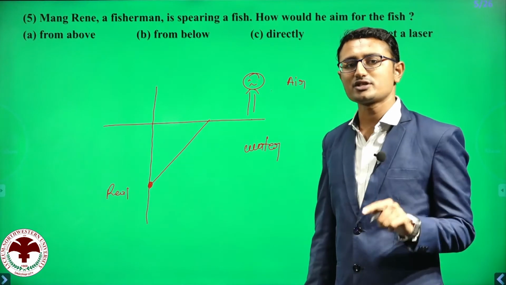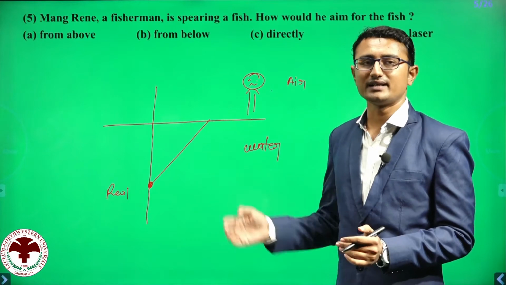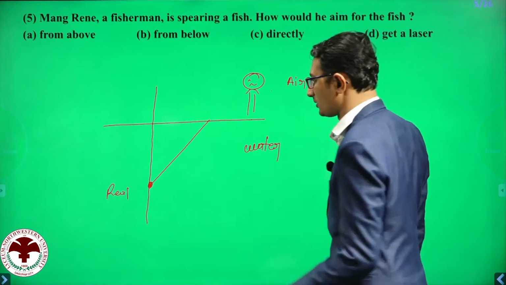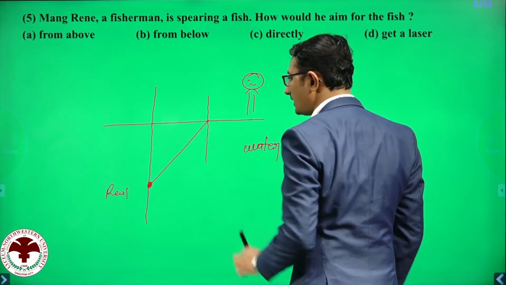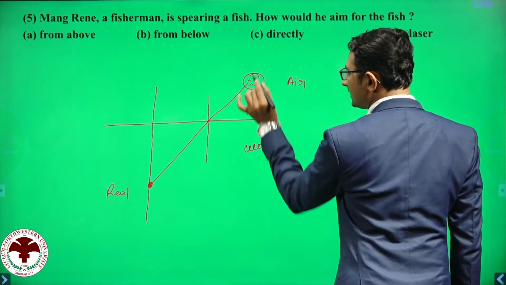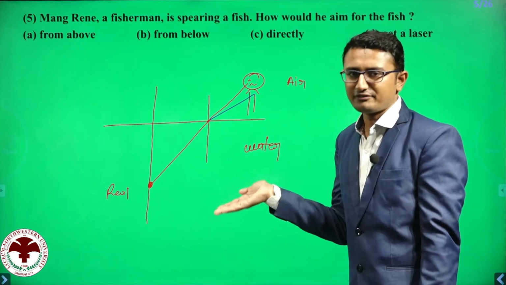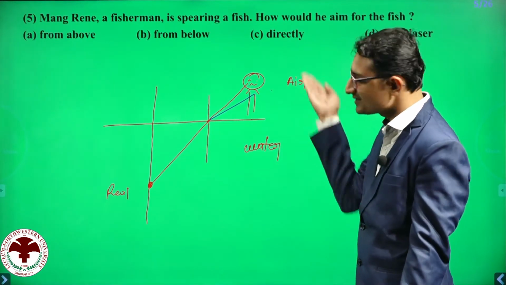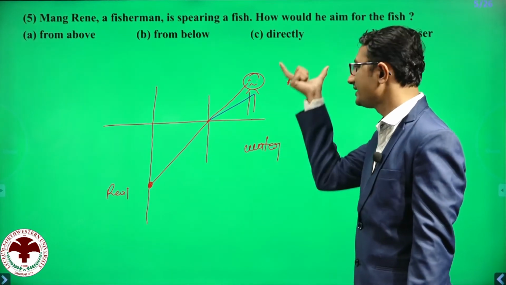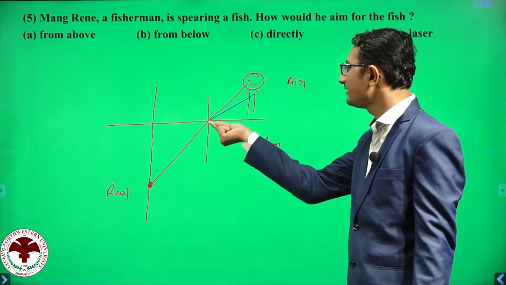In the concept of refraction, you have studied that whenever light comes from the denser medium to the rarer medium, it deviates away from the normal. So suppose this is our normal. The light does not move in this particular direction, but it moves in this direction. If the medium did not change, if this were water and this were also water, then light would travel in this direction. But now here is water and here is air, and that is why light deviates its path and moves in this direction.